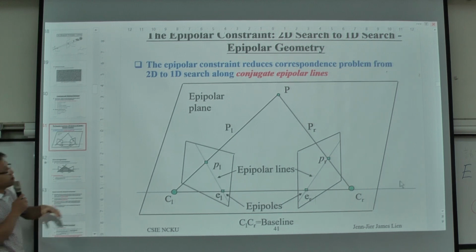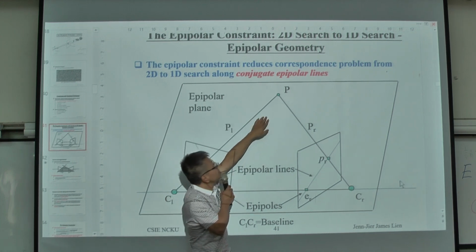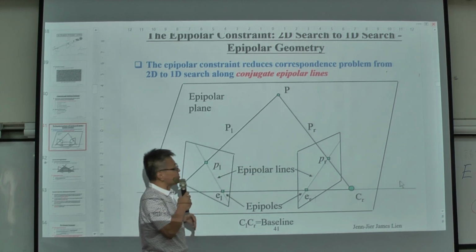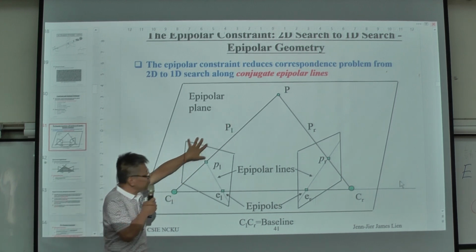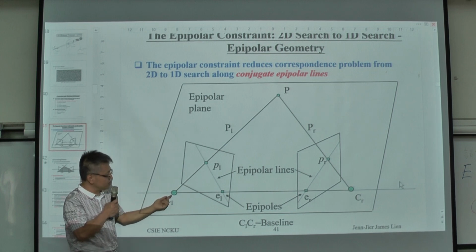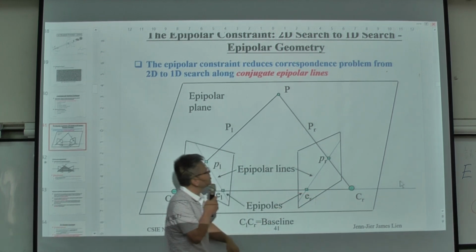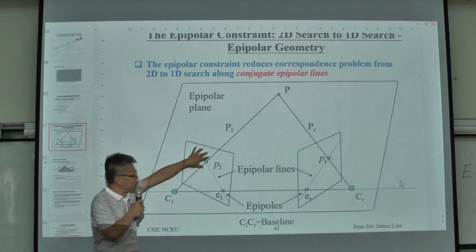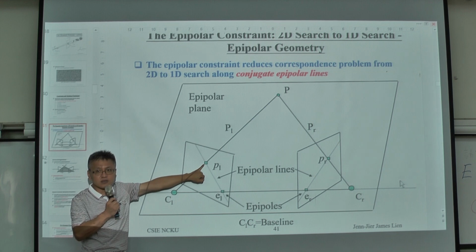So what's the epipole? It means 3D points. How can we reduce 2D to 1D? This point projects to this image, the virtual image, in this camera center, and this is the other camera center. So the point projects here, and this image will be P left, a 2D point.